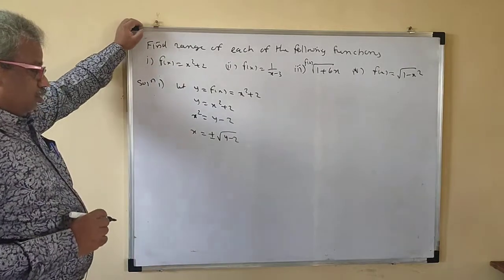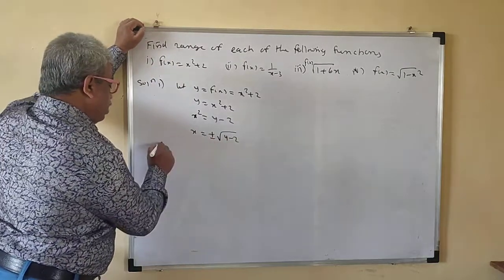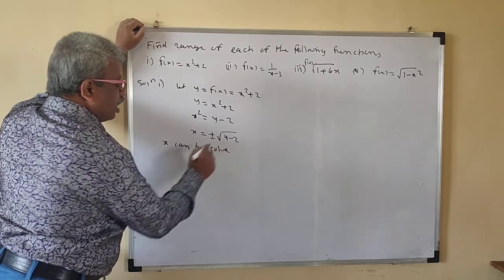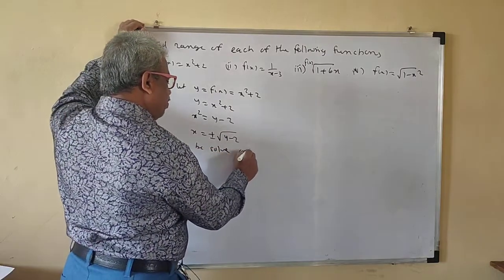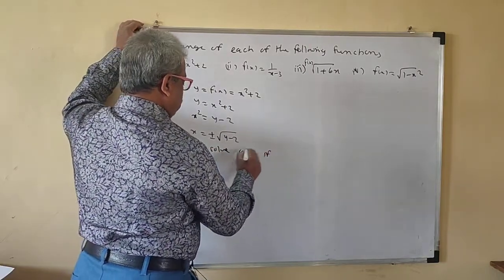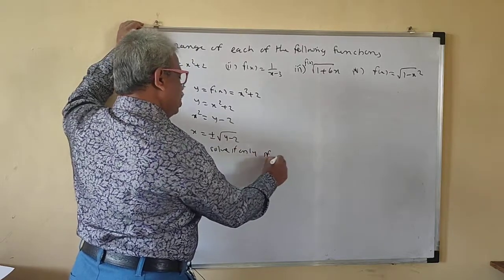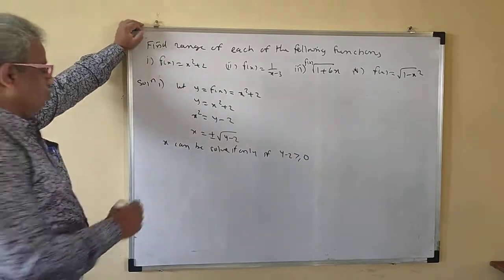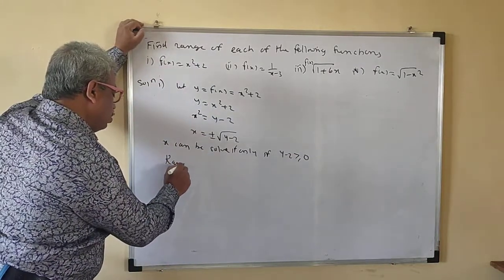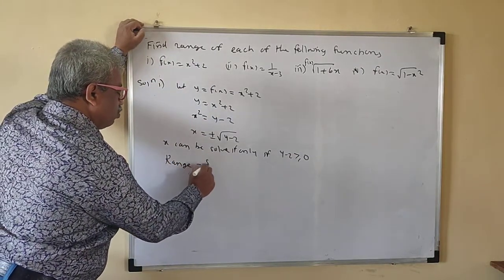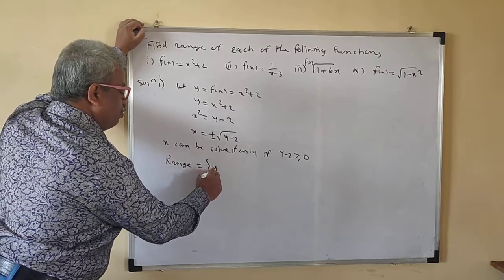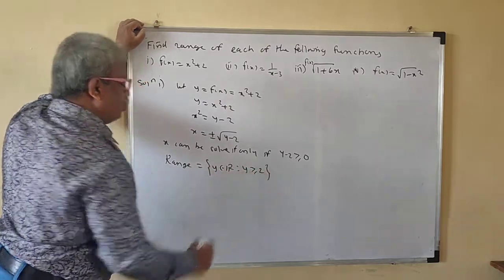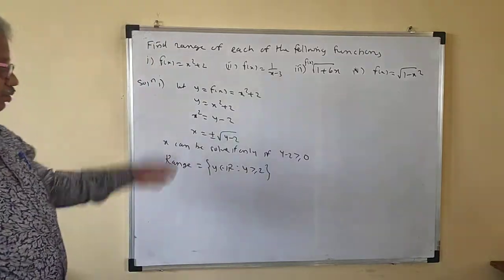X can be solved if and only if y minus 2 is greater than or equal to 0. So your range is y belongs to R such that y is greater than or equal to 2. This is your range now.